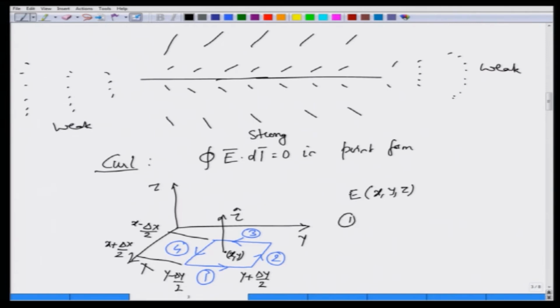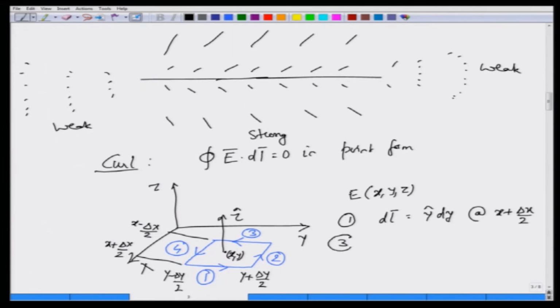So, along path 1 the direction of the line element is along the y axis, y hat dy, but this is at a fixed value of x, which is x plus delta x by 2, where x, y is the point at the center of this path, and this edge, path 1, will be along x plus delta x by 2.